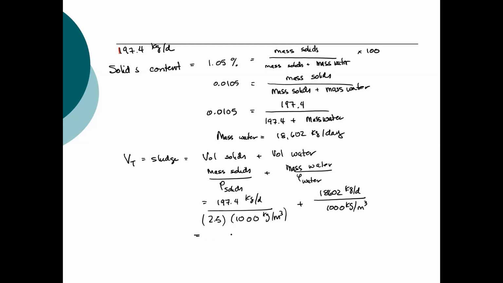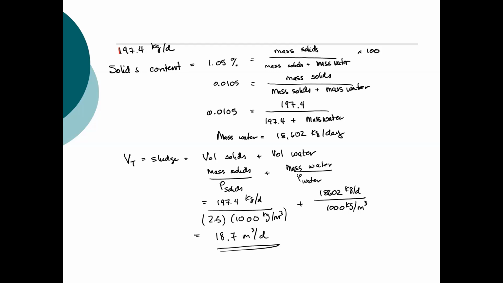And this is equal to 18.7 meters cubed per day. So notice most of this is water, which is one of the reasons why we want to dewater this sludge.